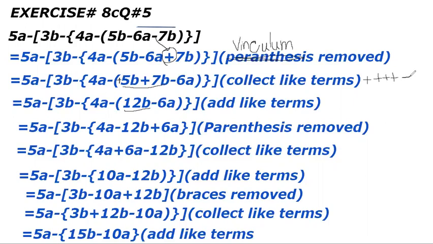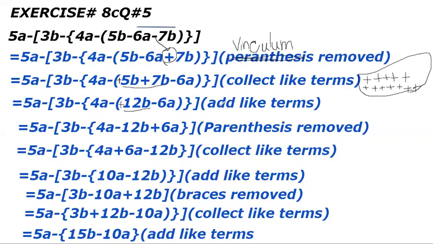And 7b means a positive sign 7 times: 3, 4, 5, 6 and 7. Now add all these signs and it will give us positive 12. These are positive 12 signs, so positive 12b.